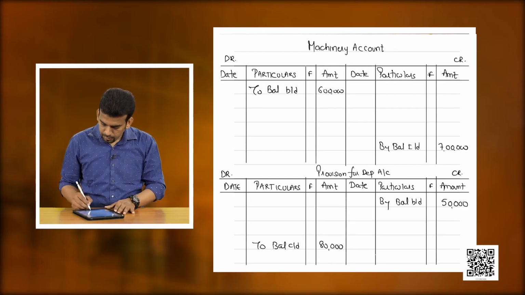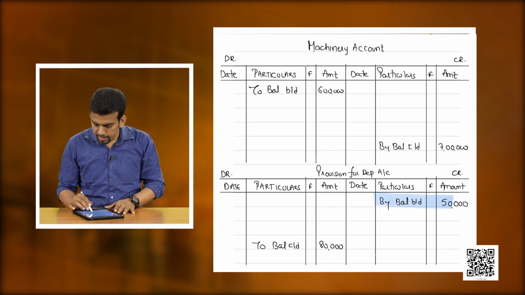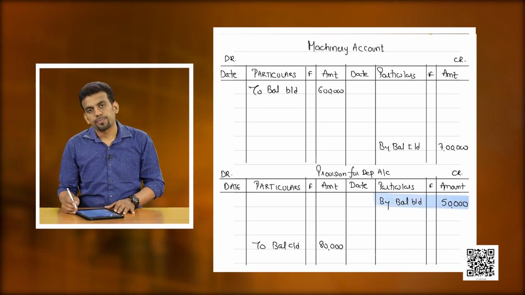As we know, depreciation is accumulated here on the credit, that is provision. But now, when the machine is sold, the depreciation on the sold part must be extracted and sent to the machine, so that the sold part of the machine gets back to its original value. Let's see.